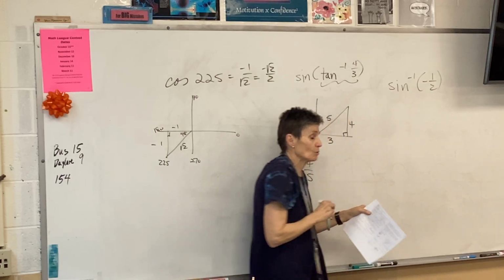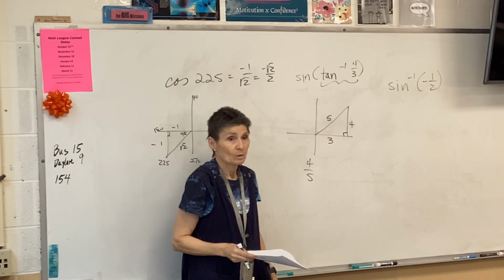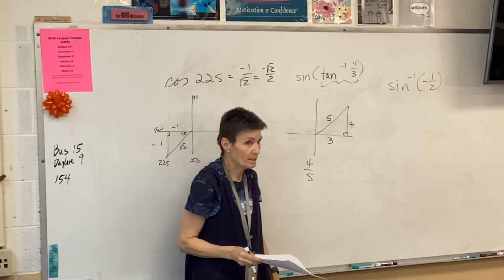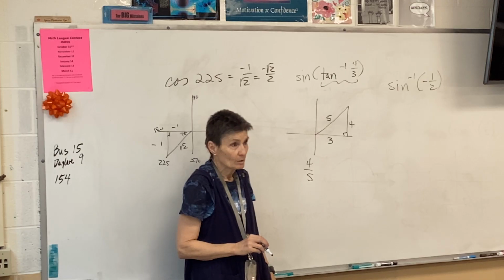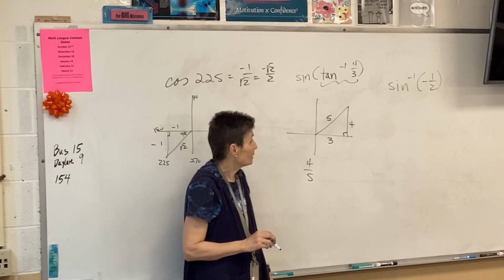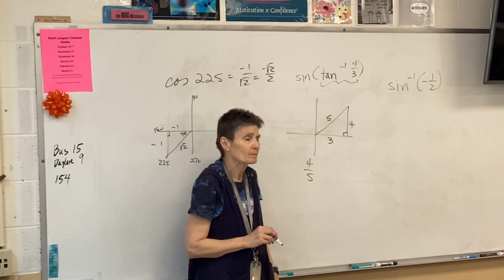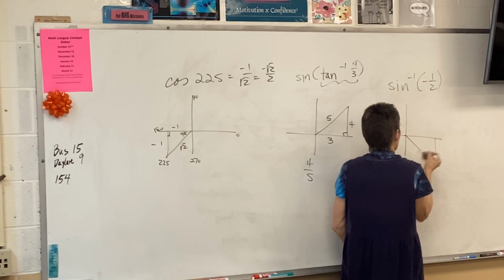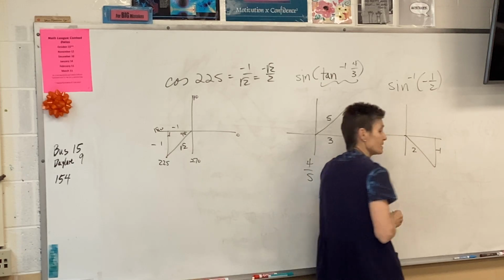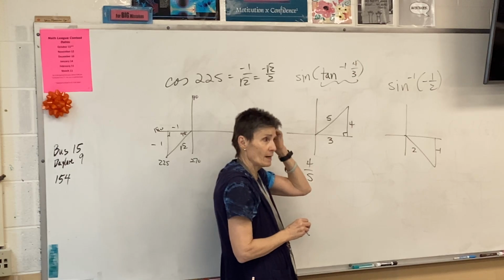What is my answer going to look like here? It's going to be an angle. What is this question want to know? What is the angle whose sine is negative 1/2? Where is this going to be? It's going to be in the 4th quadrant, and the sine is negative 1/2. Right?